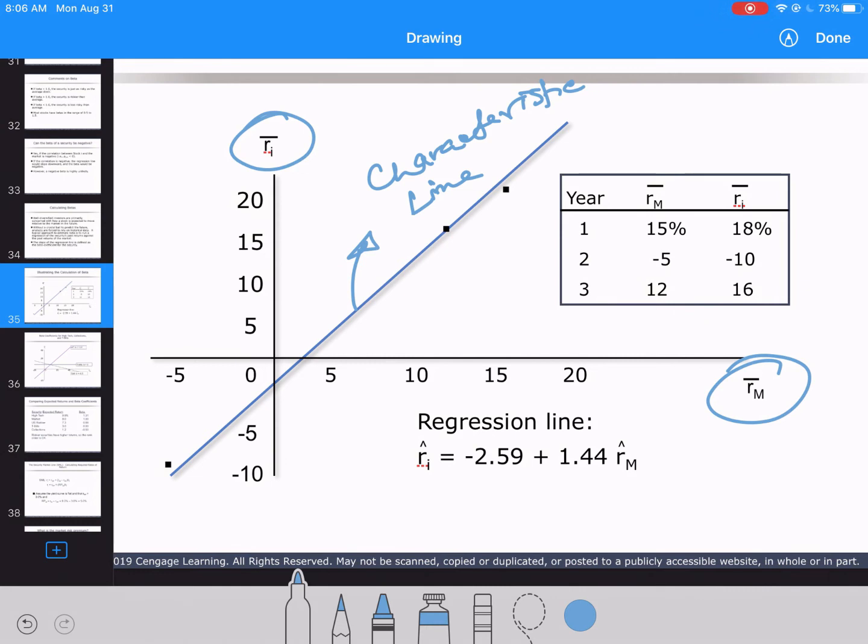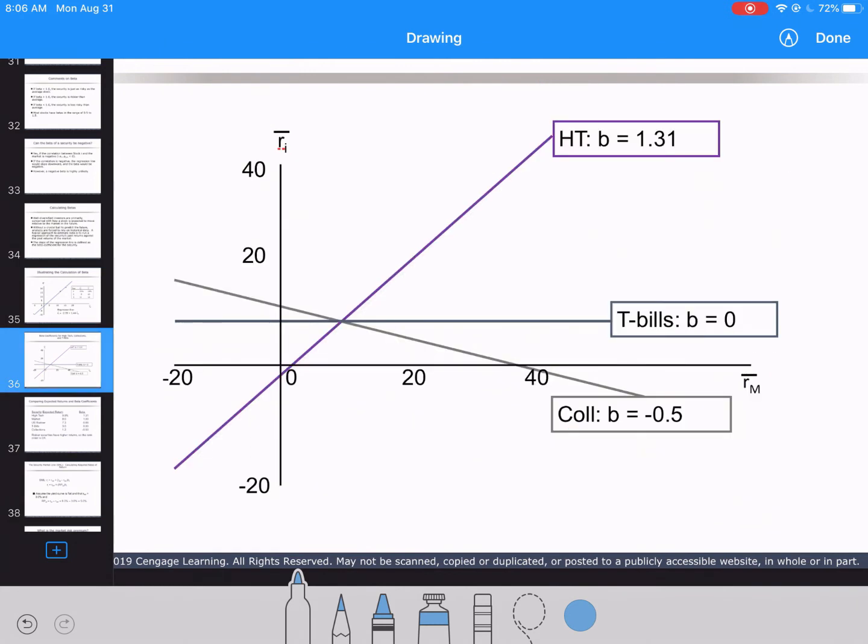When you find beta through regression, this is the regression equation, and in it this coefficient is called beta. Same thing with the others.